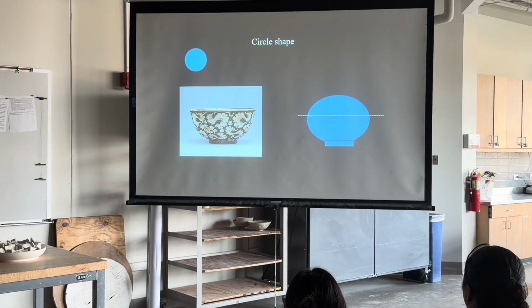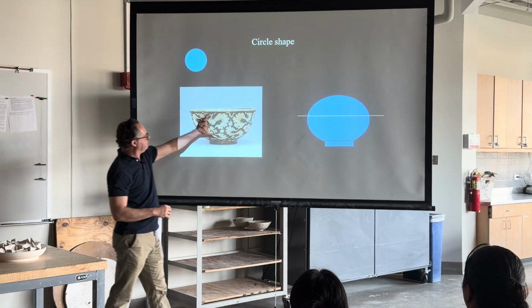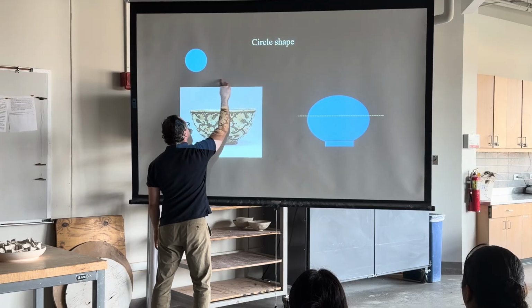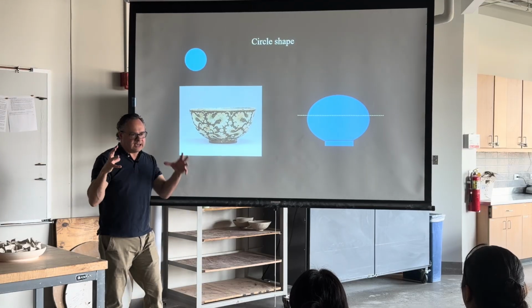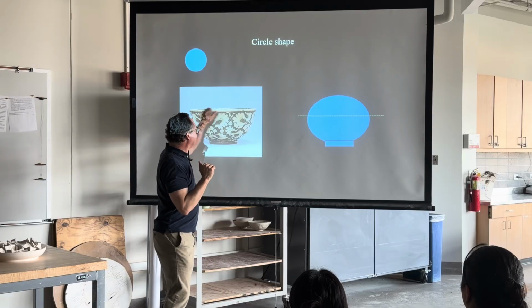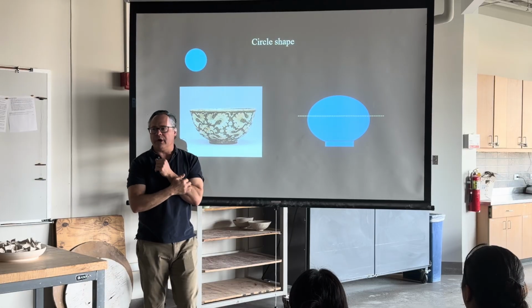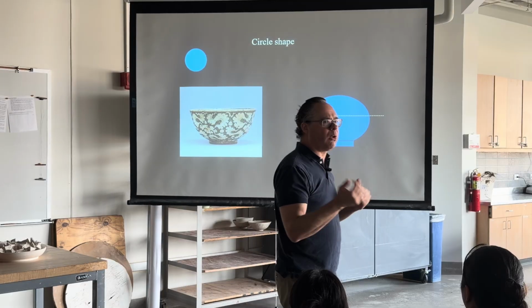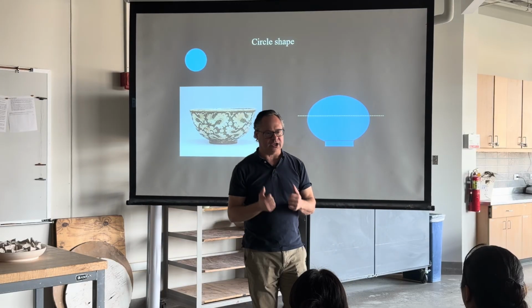All right. Here's another great example. If we look at the main shape of this, it's sort of a circle shape. But then it's sliced in half, and then we give it two transition points. What's a transition point? It's where we make a change in the shape.